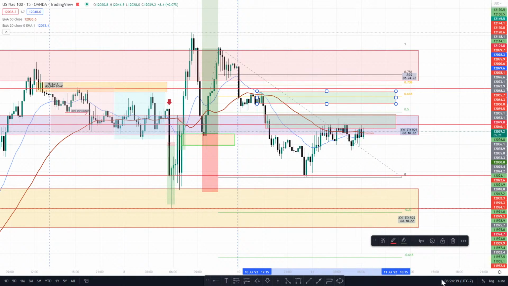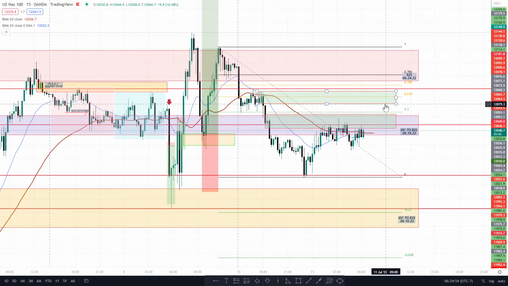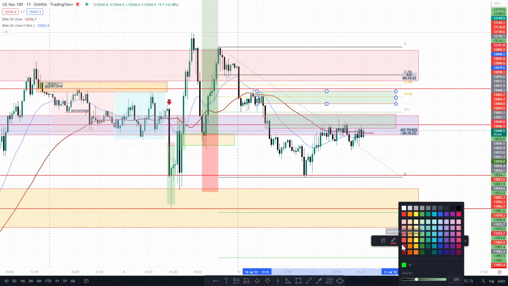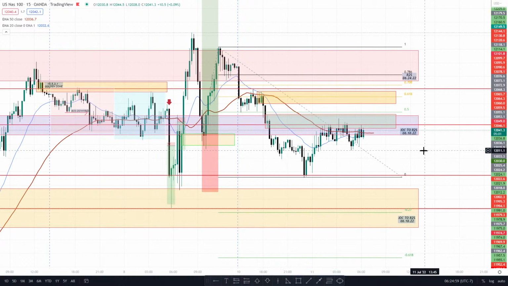The only thing I'd be looking for over the next 5 minutes is to see if price breaks above and retests this 50 EMA, the red line, and then we'll see what's what. So again, if price breaks above here, then I'd be looking for price to come up a little bit more, and I could see it hitting something like this.